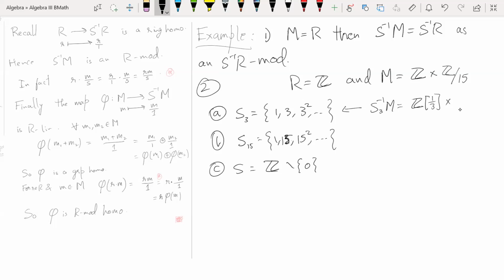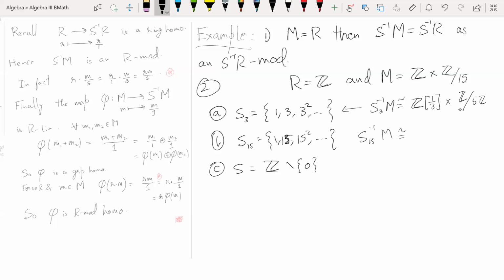So what you'll get here is, maybe first I'll make the claim that this is going to be Z mod 5. And the claim is that S15 inverse M is isomorphic to, no, this is not right.